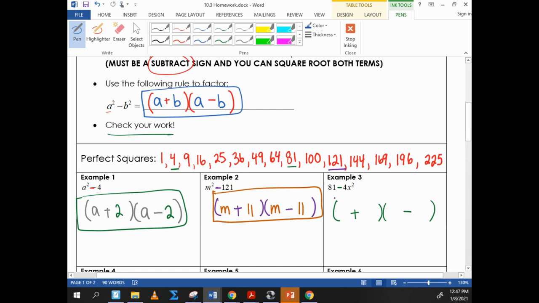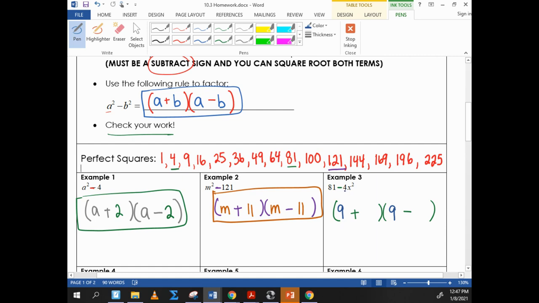All right, then we just take the square root of both terms. So what's the square root of 81? Or what did I square? What do I multiply by itself to get 81? Well, it is 9. Again, if you've forgotten that, you've got two options. Either plug it into your calculator and just test them, or count 1, 2, 3, 4, 5, 6, 7, 8, 9 squared gives you that 81.